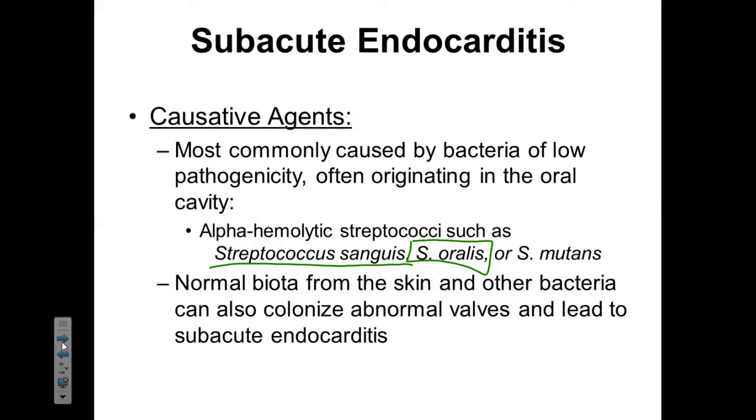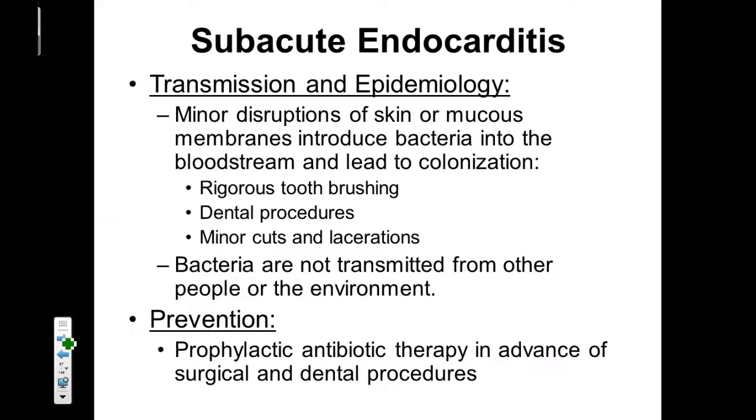This source of bacteria from the mouth leading to subacute endocarditis has led to a lot of interesting research about oral hygiene and the correlation between oral health and the development of subacute endocarditis. If we have any minor disruptions of the skin or mucous membranes, we will allow bacteria to enter the bloodstream.